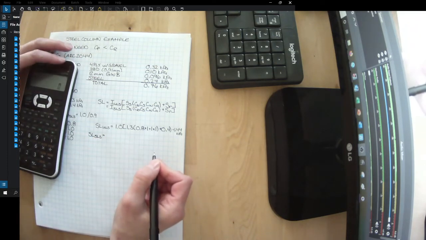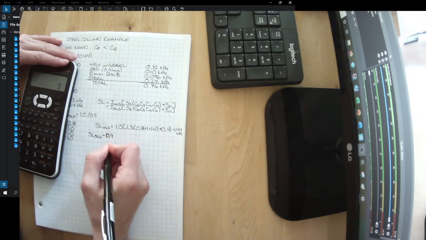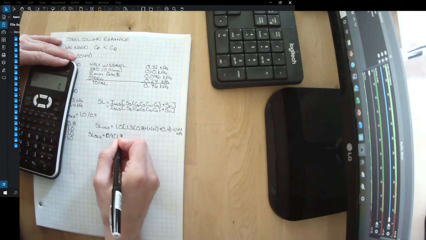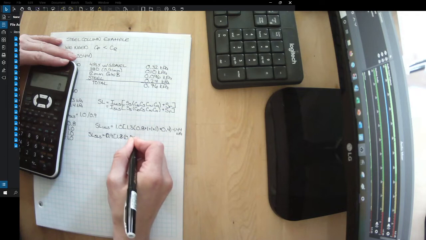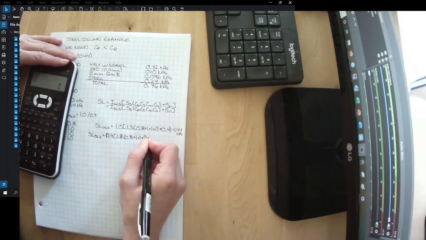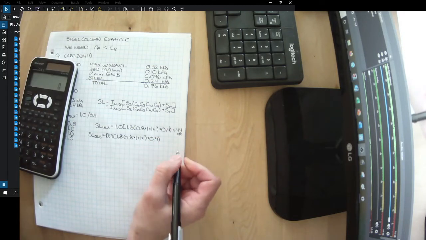Let's track our serviceability snow load at the same time. We have 0.9 times the bracket 1.3 times 0.8 times 1 times 1 times 1 plus 0.4.